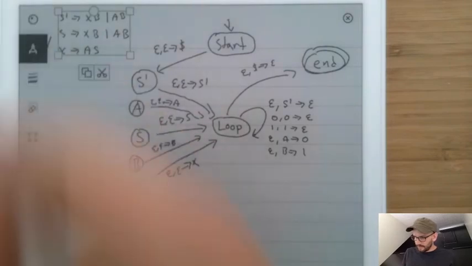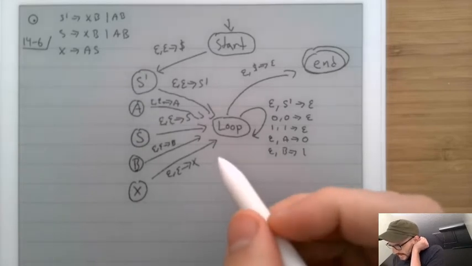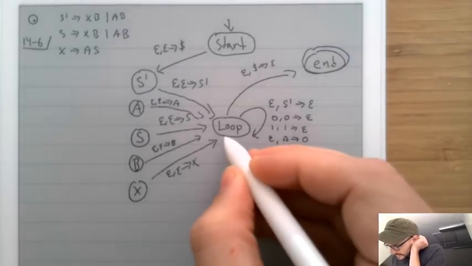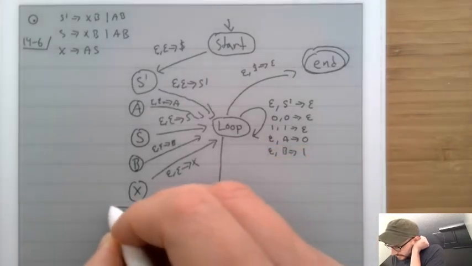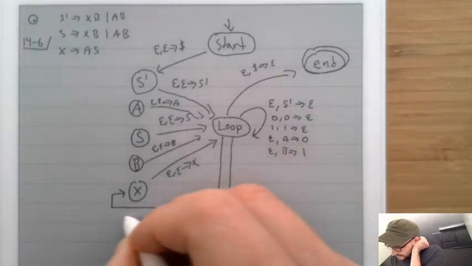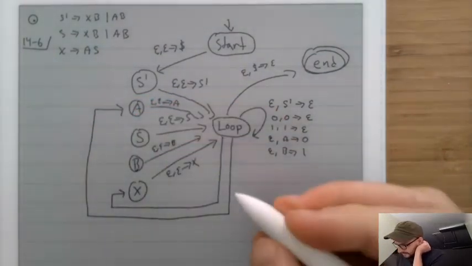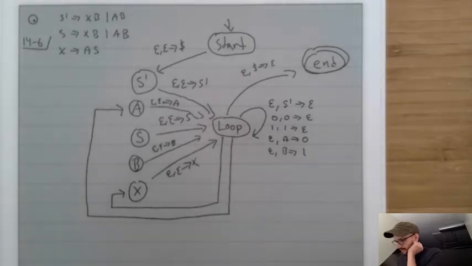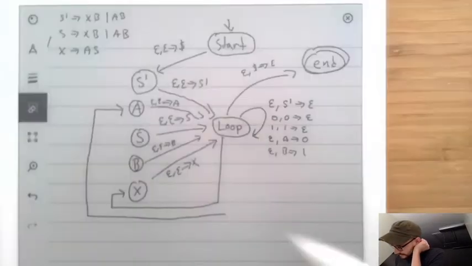Okay. So now what that means is that the loop is going to have 3 ways to get to the A state. So we're going to go down here, and we're going to go over to the X state, and we're going to go down and go over to the A state. Ooh, it's kind of annoying the way that I did this. Let's erase that and give ourselves some more space.